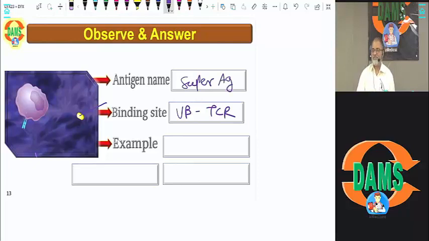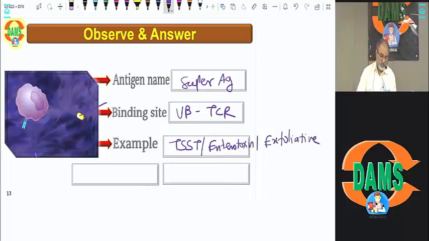Example. All staphylococcal toxins are super antigens. So toxic shock syndrome toxin, enterotoxin, exfoliative toxin.